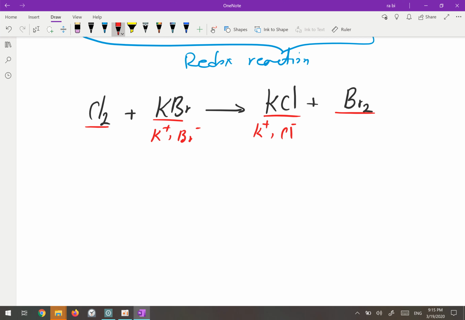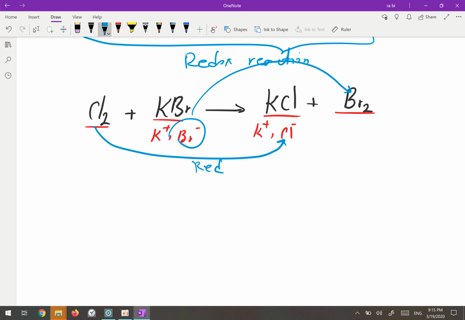Now identify the species which has gained the electron and the species which has lost the electron. Cl2 becomes Cl minus. So it gained the electron, it is reduction. And Br minus becomes Br2. It has lost the electron, this is oxidation.